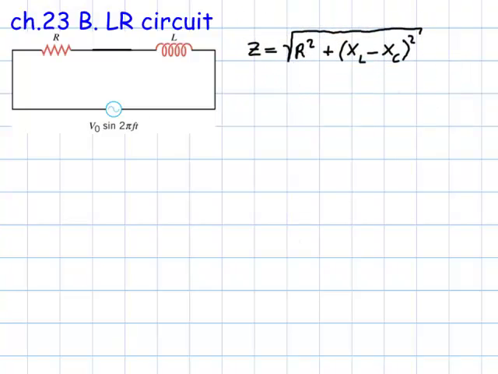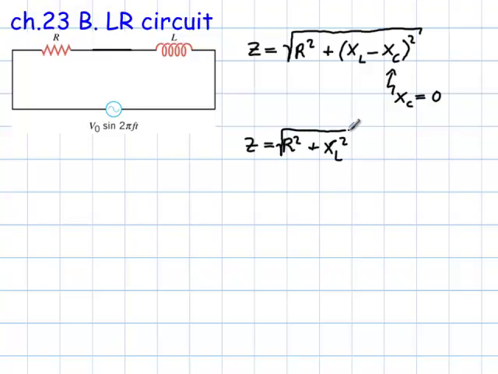Since there is no capacitor, the capacitive reactance is 0. And then what we have here is Z equals the square root of R squared plus the inductive reactance squared.